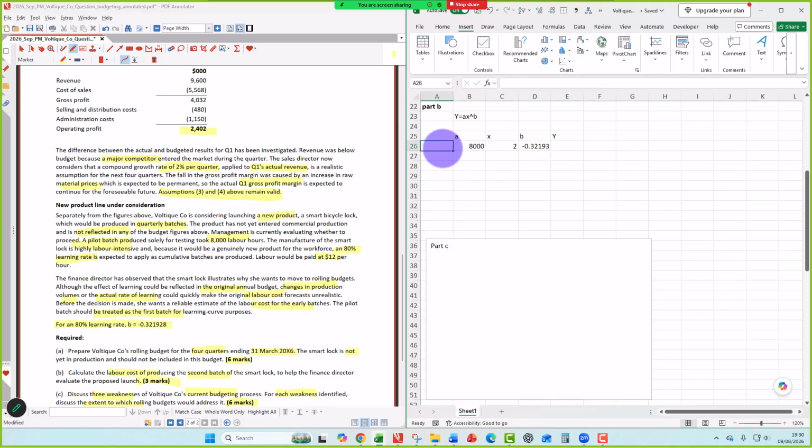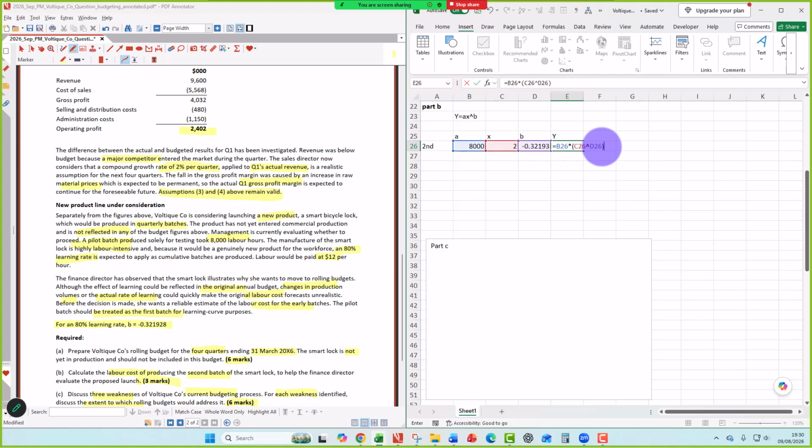And this is for the second batch. So if I calculate y, I'm just going to now create this formula in this cell. So that equals the value of a multiplied by x to the b.